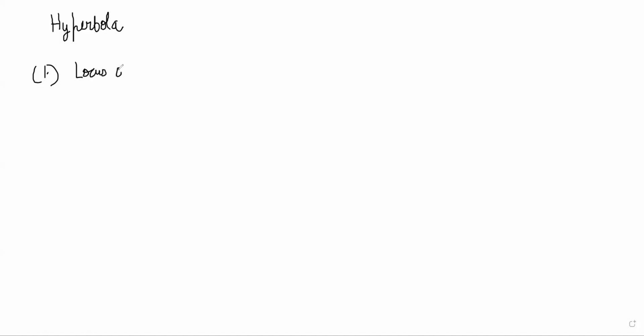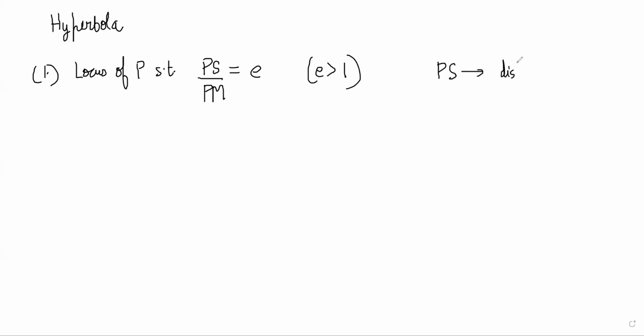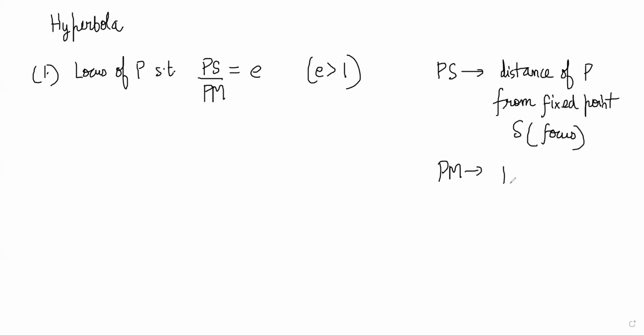It is the locus of P such that PS by PM is equal to E, where E is greater than 1. And here PS is obviously the same as before, the distance of P from the fixed point S, where S becomes your focus, and PM is the perpendicular from P to the directrix line, which is the fixed line that is given.